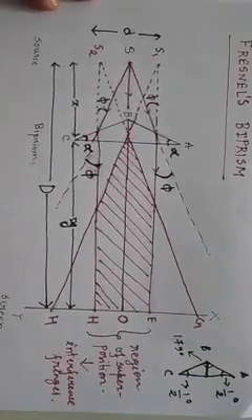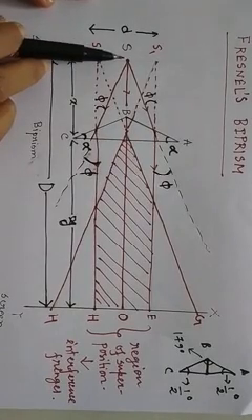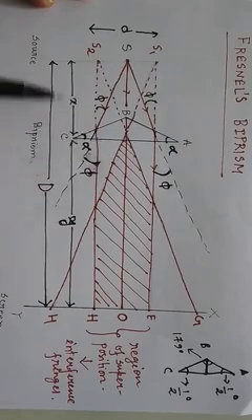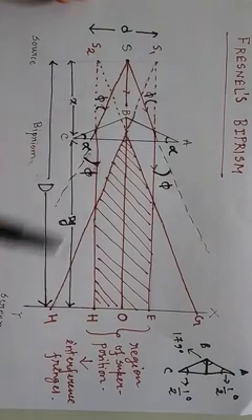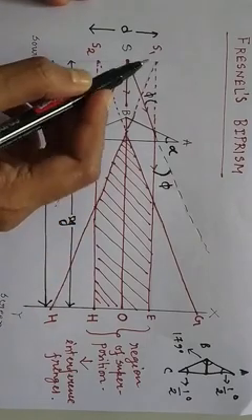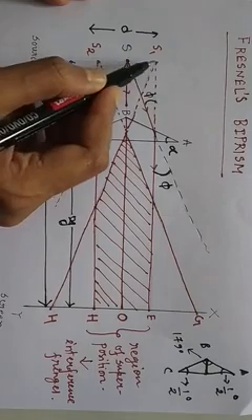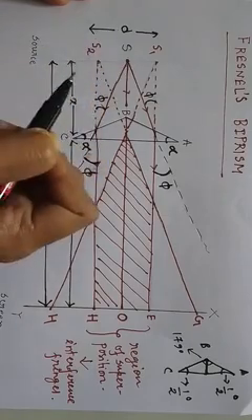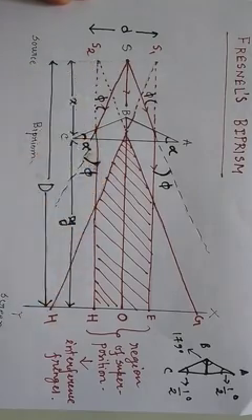As we have assumed, the distance between the source and the prism ABC is x. Then from the figure above, S1 is equal to half of d, which is d by 2, and S2 is also d by 2.